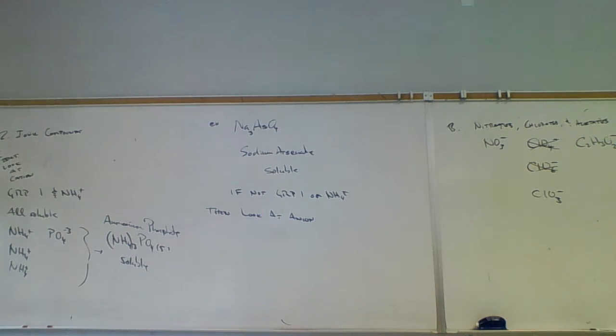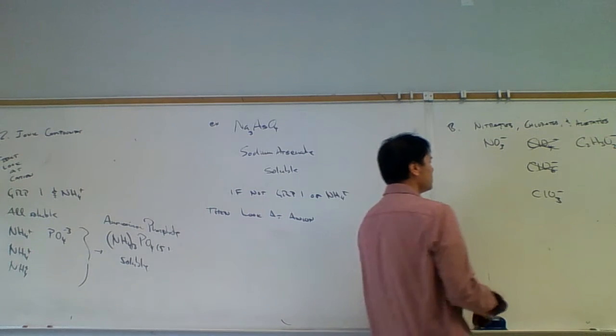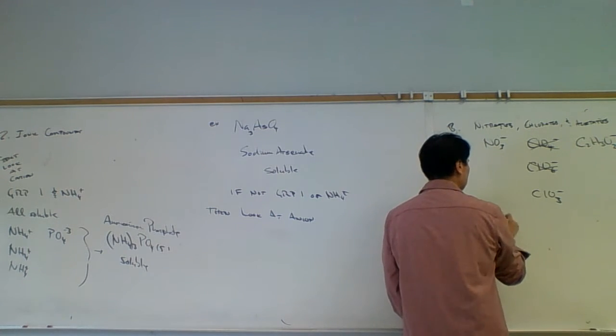So I pretty much threw all my flashcards away and then started writing them over and over again. I had many 8.5 by 11 sheets of paper with the same ion written over and over and over again. So that's quick. But anyway, if it's one of these, then these are all soluble.